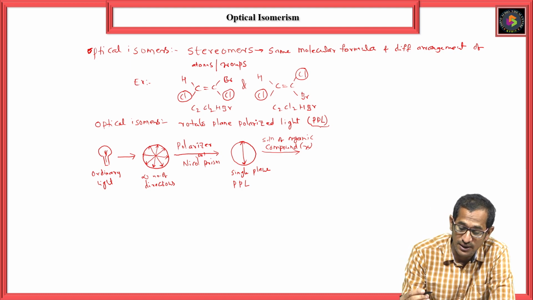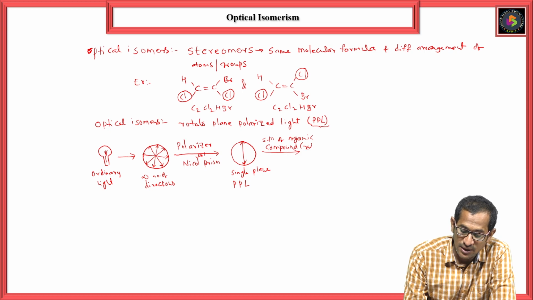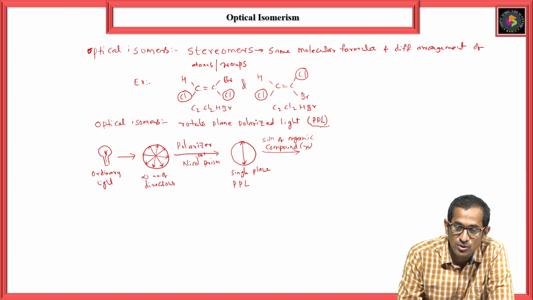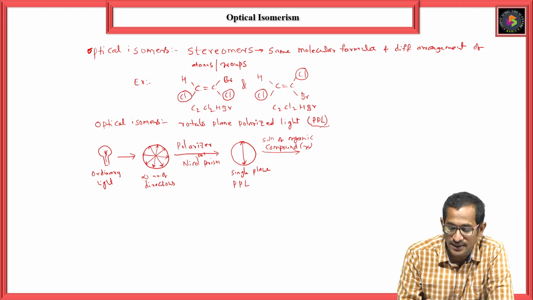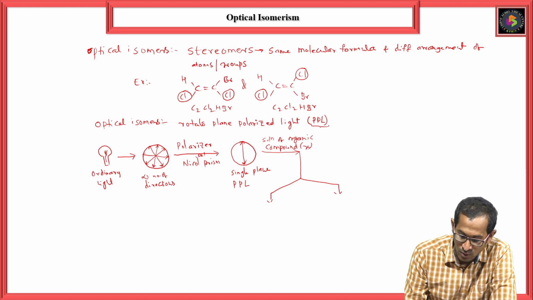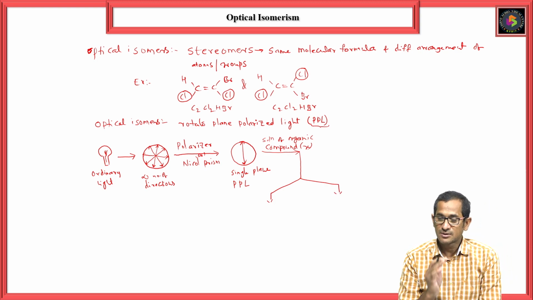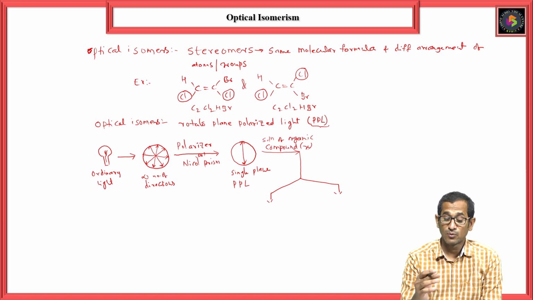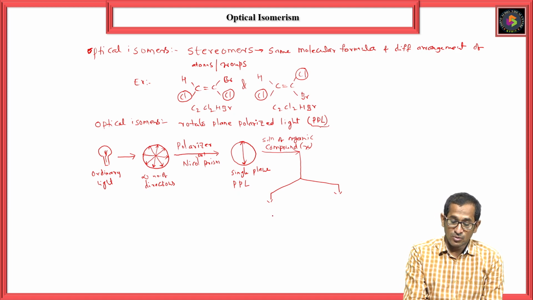A beam of plane polarized light is passing through a solution of the organic compound under test. Then obviously we have two options. What happens when this PPL is passing through organic compound X?